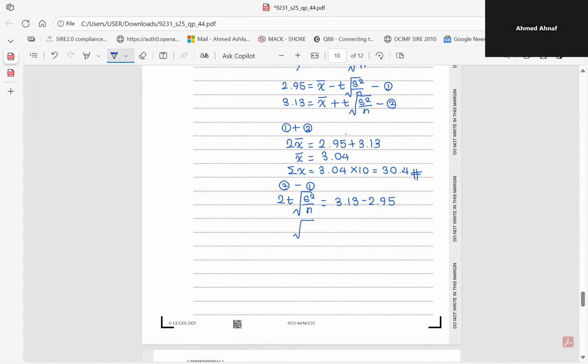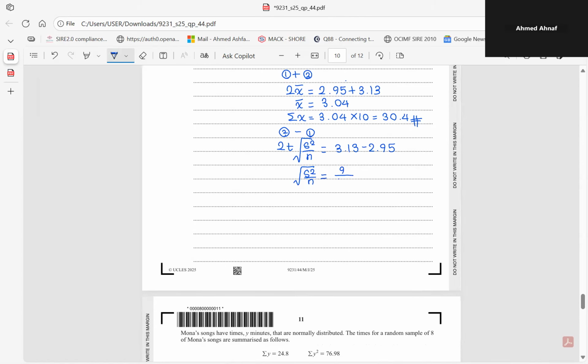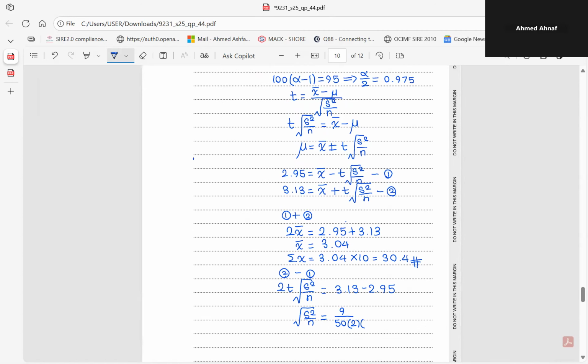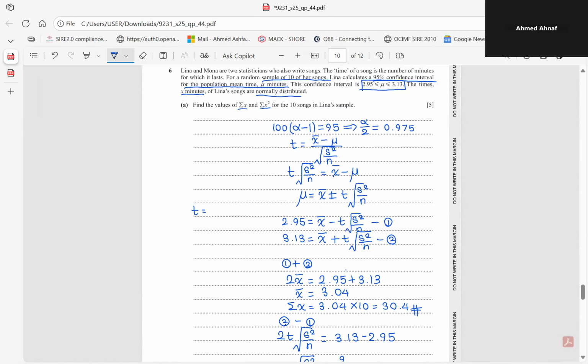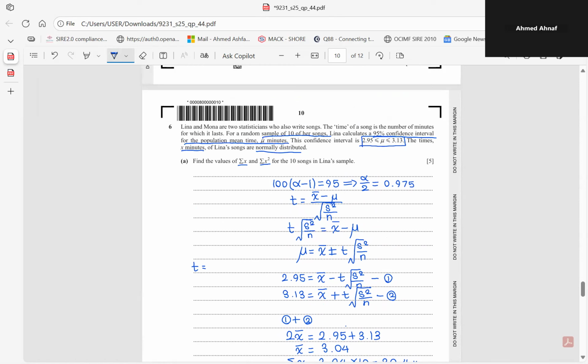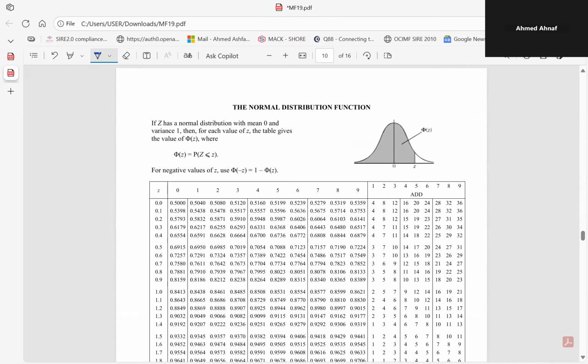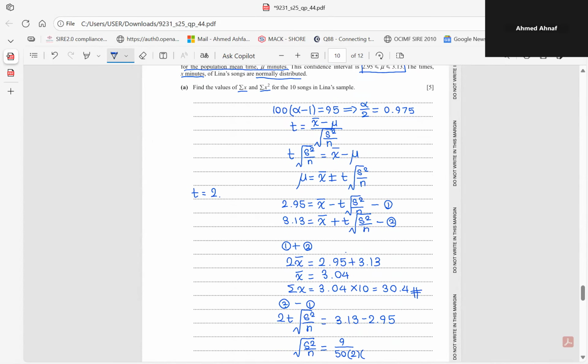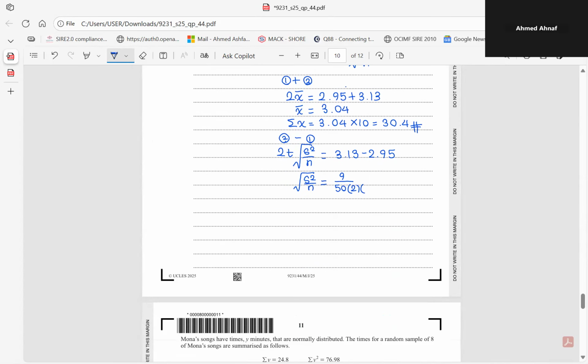And then you would get s squared over n equals 3.13 minus 2.95, which is 9 over 50, over 2 times t. To find the value of t, we need to know the degrees of freedom. In this case, it's 9, as well as the p-value, which is 0.975. So I actually have it right here, 2.262. So t equals 2.262.